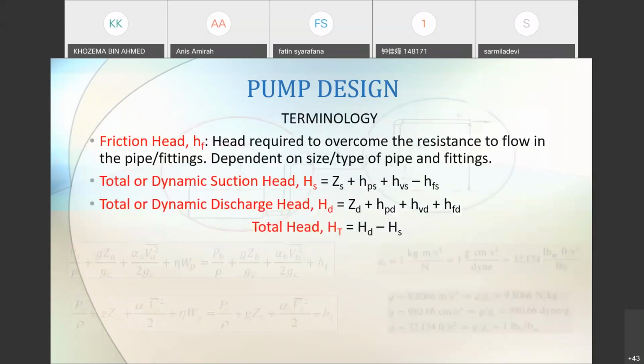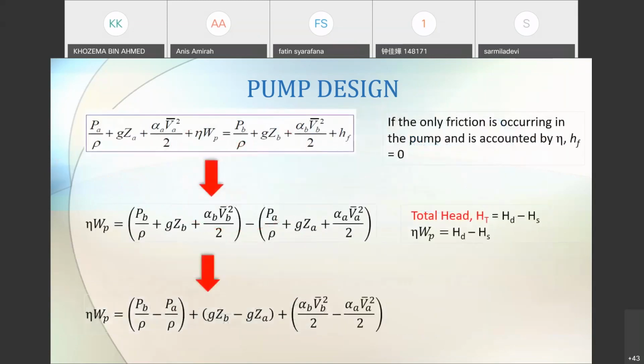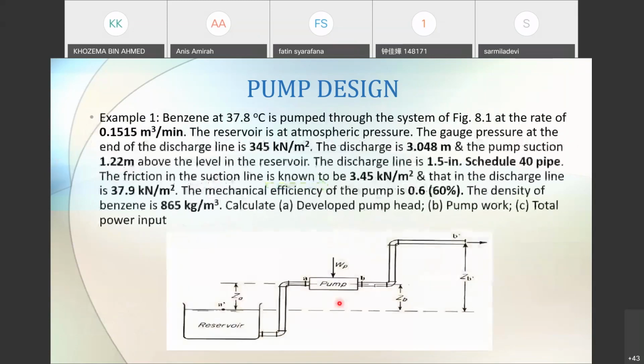So in our case, highest point of water discharge to the highest point of water in the suction. This value we already know to be 3.048. So that is why we don't need to calculate this value anymore, right?